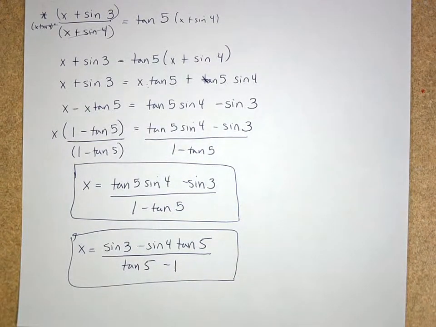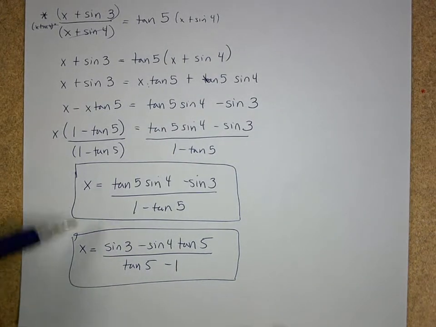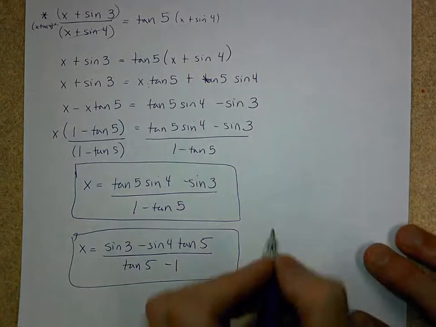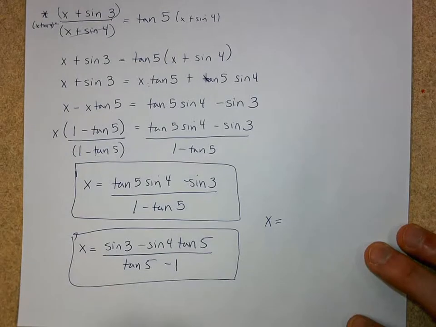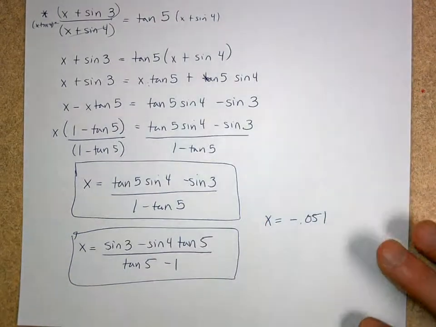You can see they're all the same pieces, just with different negative signs in there. Basically, we multiplied through by a negative 1. So all the negative quantities became positive, all the positive became negative. But these are two exact identical answers that you could have gotten. And the decimal equivalent for that would have been negative 0.051.